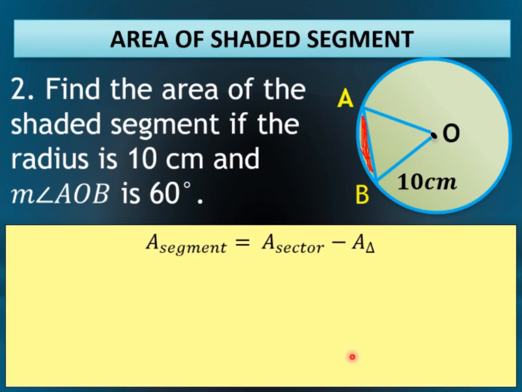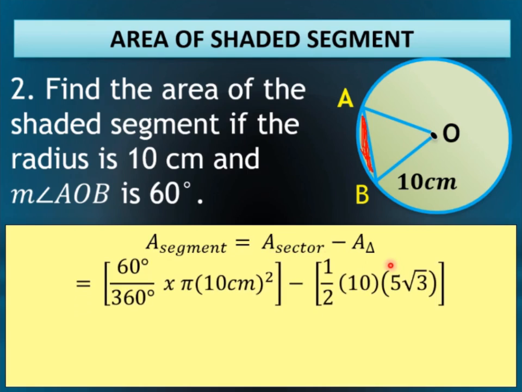So again, we have the area of the segment is equal to the area of the sector minus the area of the triangle. By substitution, we have theta, which is 60 degrees, over 360 degrees multiplied by pi times the square of the length of the given radius. So we have 10 centimeters squared, minus the area of the triangle.